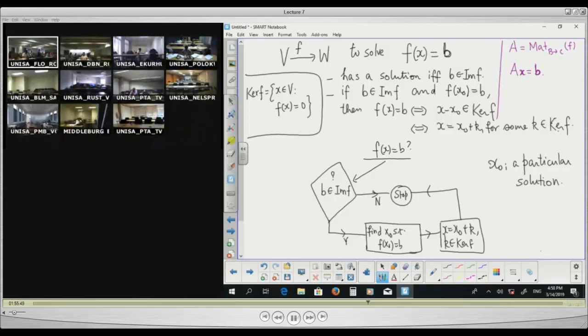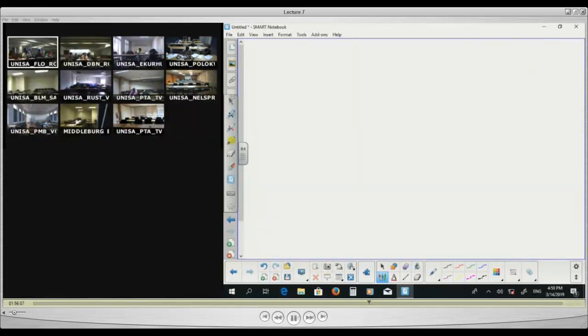So Ax is equal to B if and only if A red x is equal to B red. Remember, A red was obtained by multiplying by certain invertible matrices on the left.